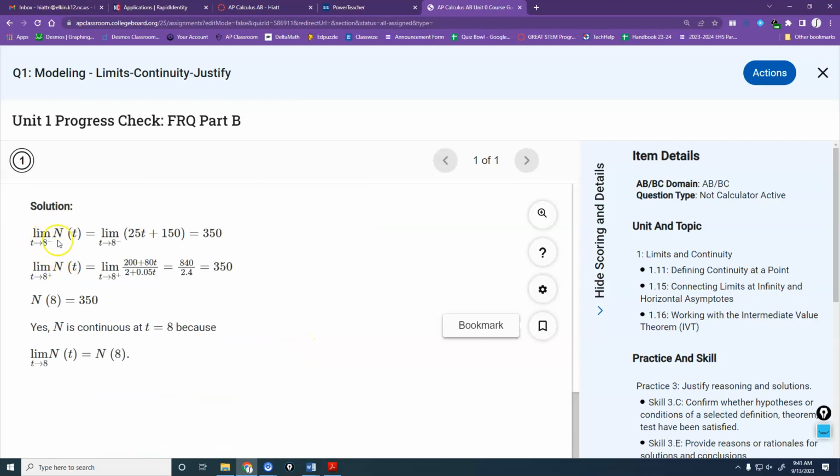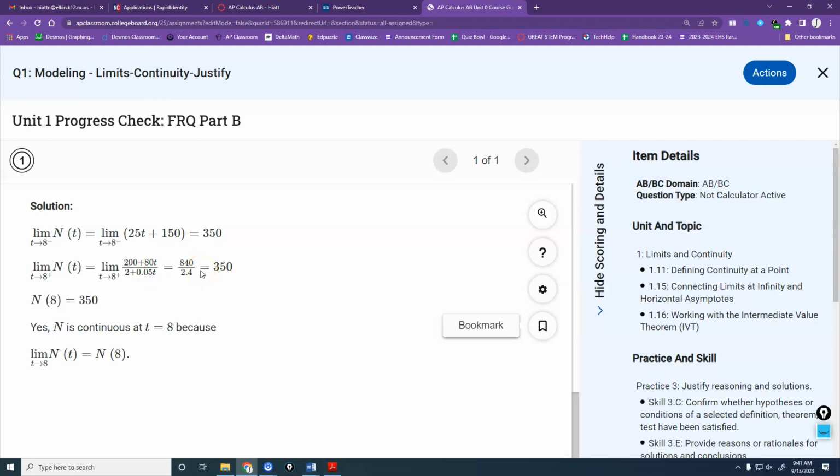So if you're doing the limit as t approaches 8 from the left of n of t, and you've got to use that notation, you would use 25t plus 150. You're going to plug in 8. You will get 350 for that. From the right, you are going to plug in 8 to the bottom equation.